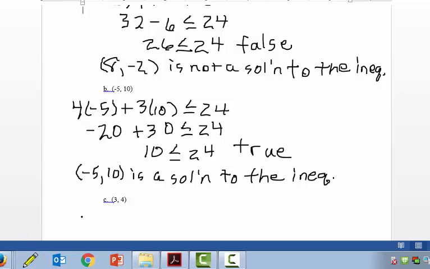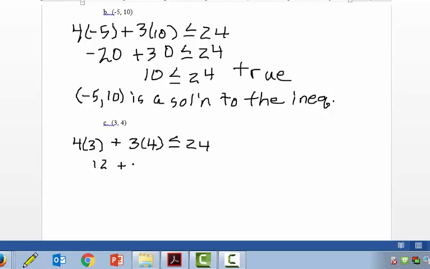And now let's test the point (3, 4). Let's see if 4 times 3 plus 3 times 4, so we're replacing x with 3 and y with 4, is less than or equal to 24.